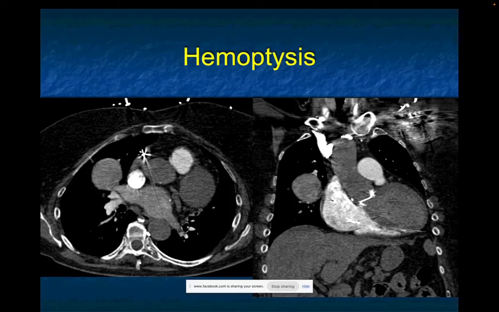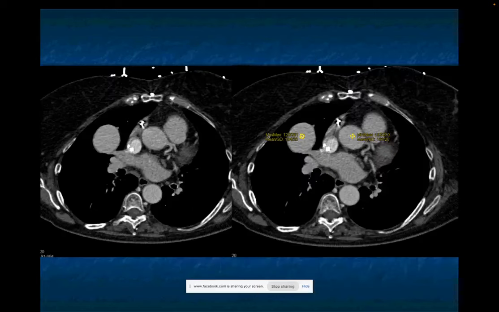Hemoptysis. When you look at the images quickly on this arterial phase, you see what looks like a mass near the right hilum, and then you look and you say, well, could this be nodes? Could this be a mass? But you've got to say, could this be an aneurysm? And when you get later venous phase, you can see it's the same attenuation as the ascending aorta.